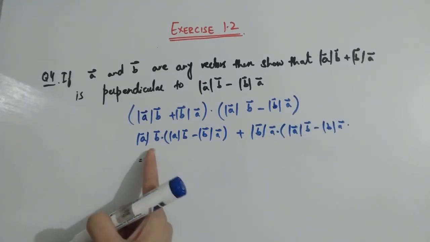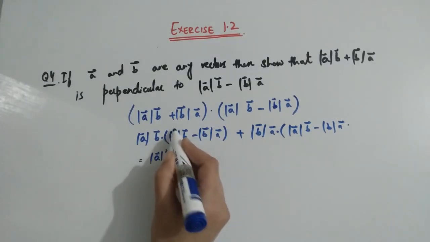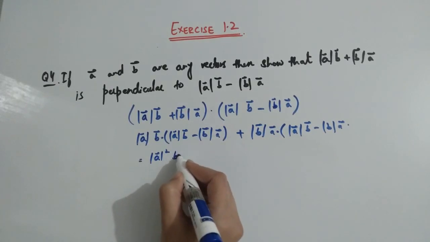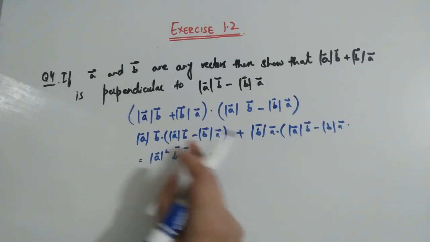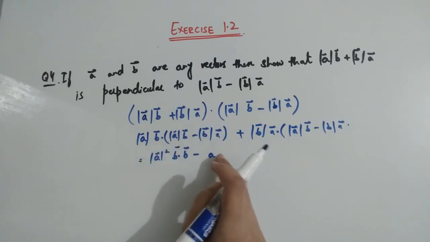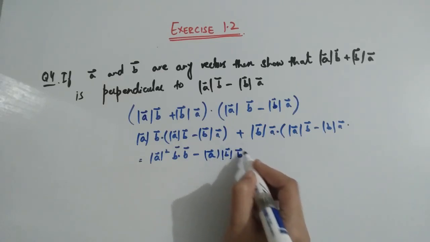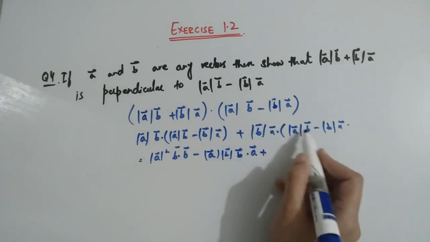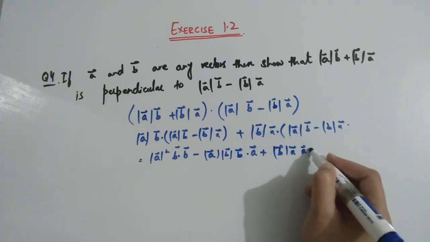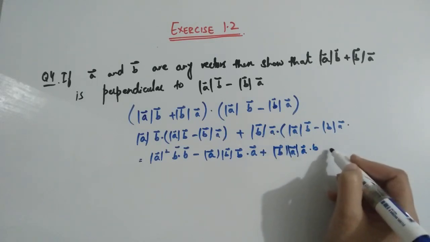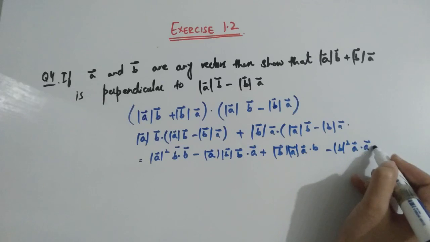And now you can write |a| dot |a| as |a| square. This is the property, and this is b dot b, minus |a||b| b dot a, plus likewise here |b||a| a dot b, minus |b| square a dot a.